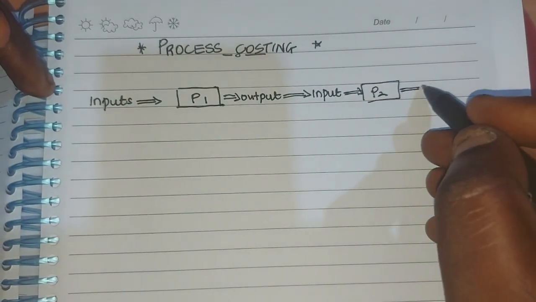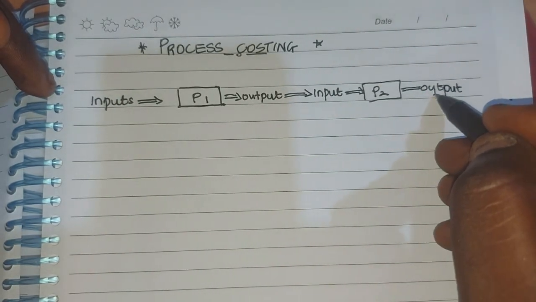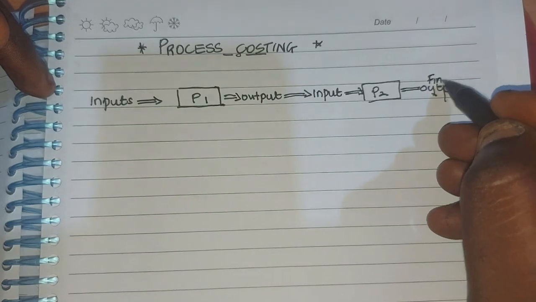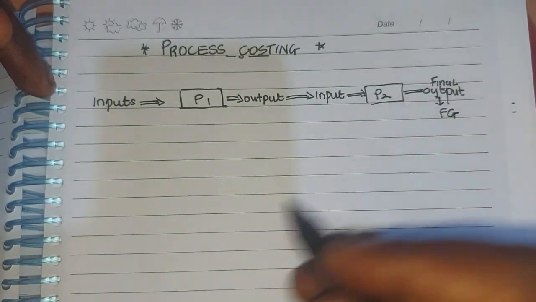Then it comes out as an output, and let's assume that this is the final output, then this becomes finished goods, okay?